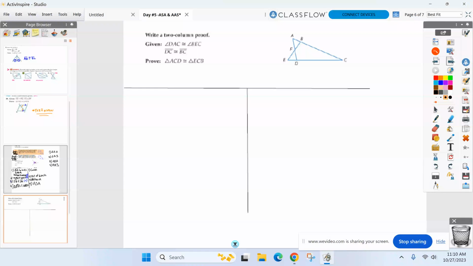The first thing I want you to do, highlight each triangle in a different color. And then you can go to statement 3.